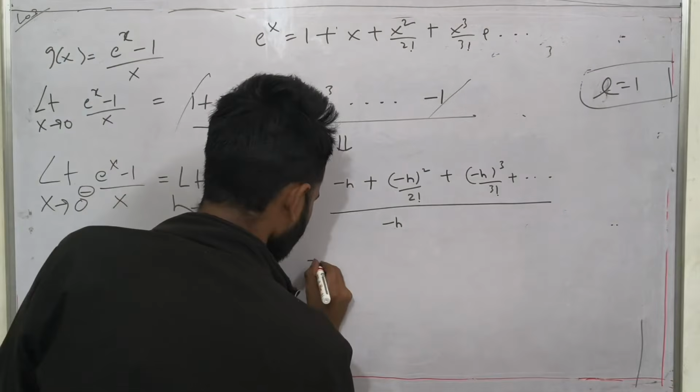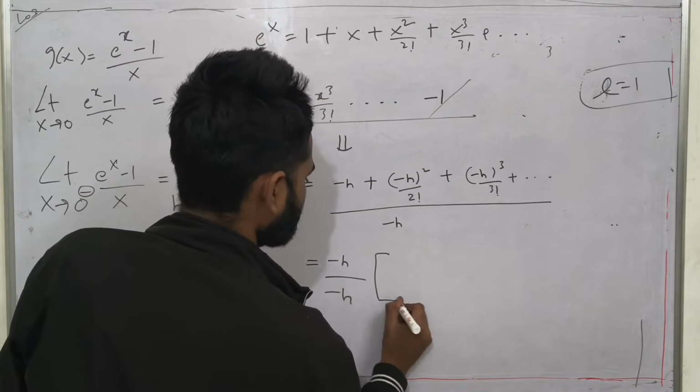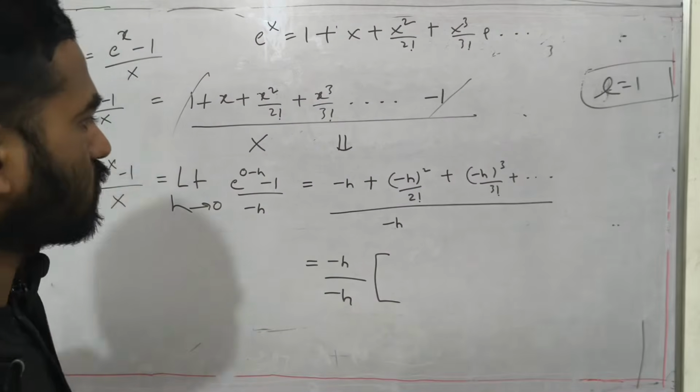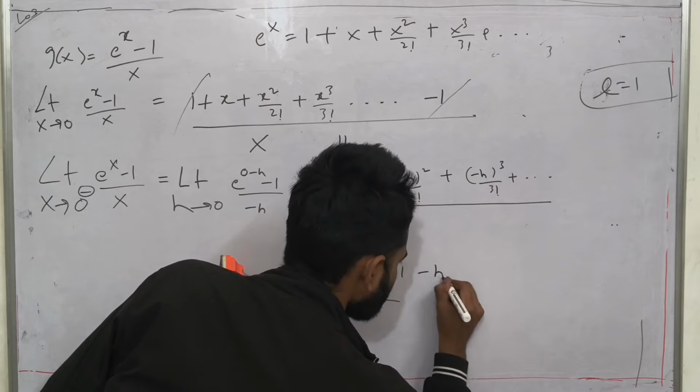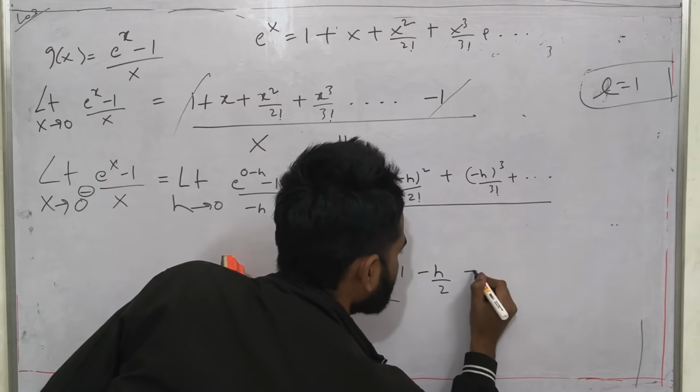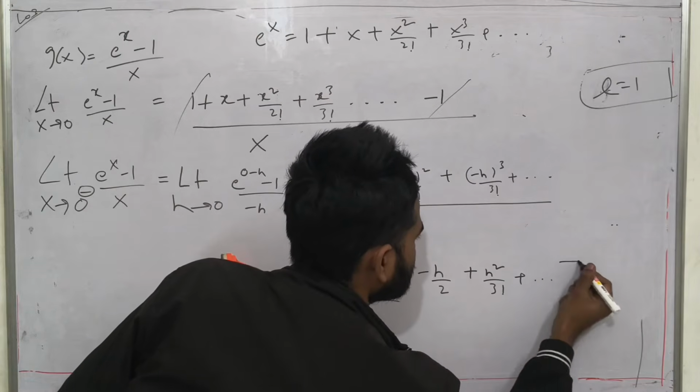Take minus h common. If you take minus h common, then the numerator is left with 1 minus h by 2 plus h square by 3 factorial plus so on.